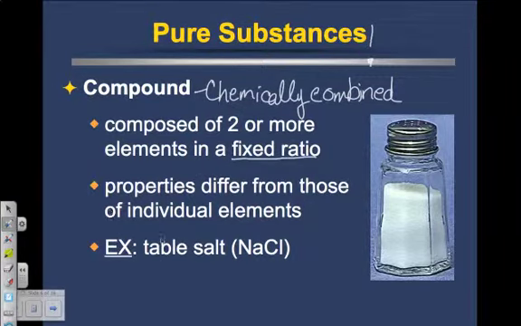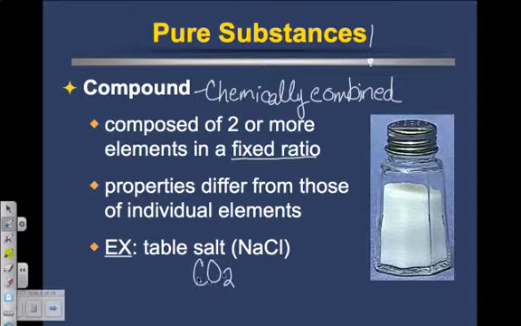What that means is if I have a compound, let's say CO2, it's always in a fixed ratio. There is one carbon for every two oxygens. So this is the chemical formula right here. And even though you don't have a 1 by the carbon, it is 1. It's simply implied.